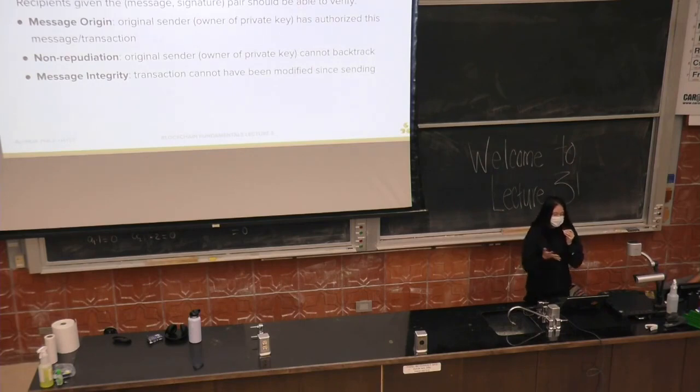And the original sender can also not say, oh, no, it wasn't me who sent it. Basically, using their signature as well as their message and public key, the recipient will be able to know that it was the original sender who sent it. And then it can also verify message integrity, so the transaction cannot be modified, basically.